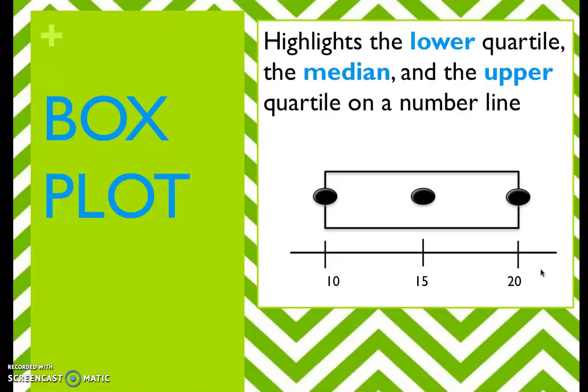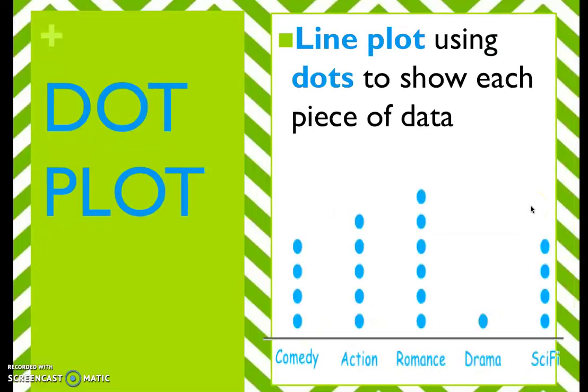We just put them on a number line, and it's easy to see in that display. Okay. There's actually a box plot down here, and this is the median of the data set. Obviously, it's right there in the middle. This is your lower quartile, and then this is your upper quartile. If it has whiskers on it, it also shows us the upper and lower extremes.